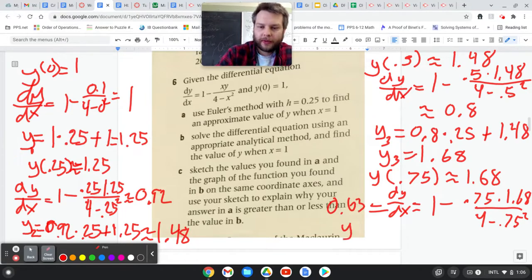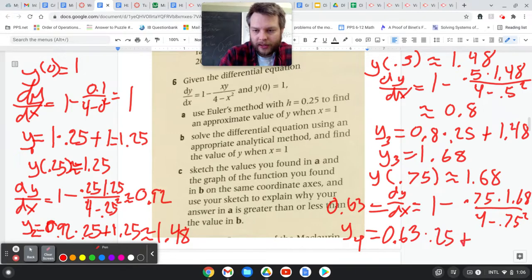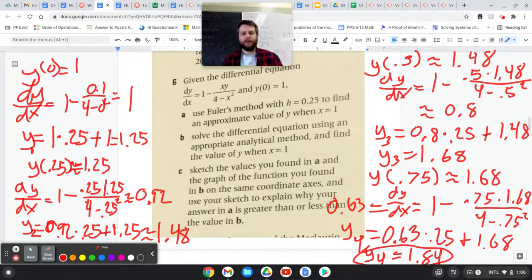And so my fourth one, and this will be my last one, is going to be 0.63 times 0.25 plus 1.68. And I get an approximation of 1.84. Okay, so let's just keep that value.